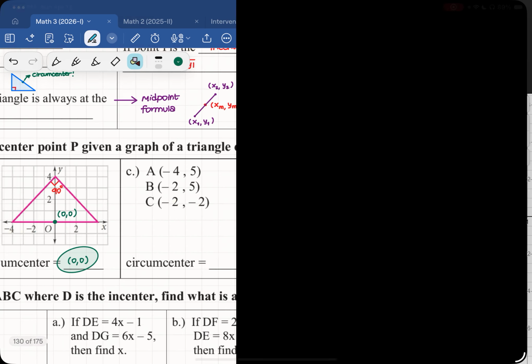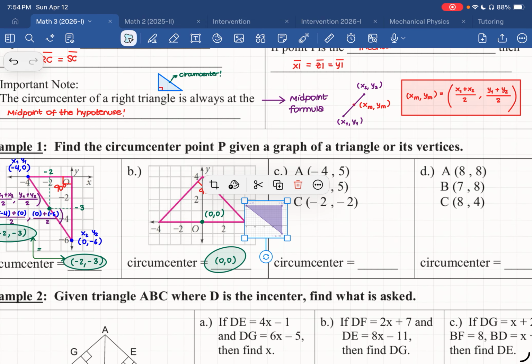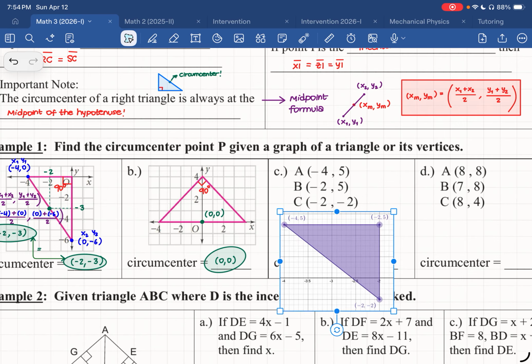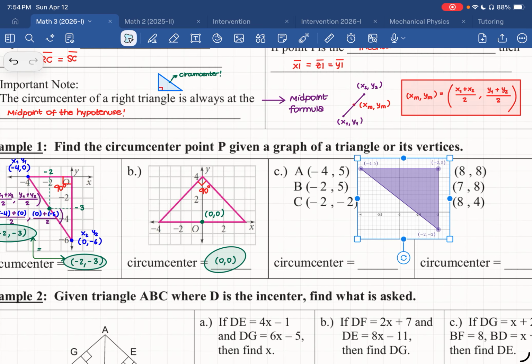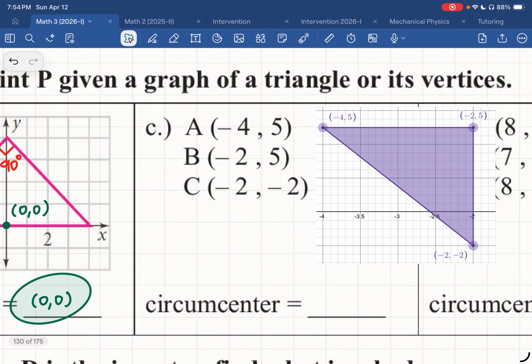Okay, so I'm gonna go here and then I'm gonna grab the triangle that I just have here. I'm gonna put it here, and as I told you, if you see this triangle, this is clearly a right triangle, right?